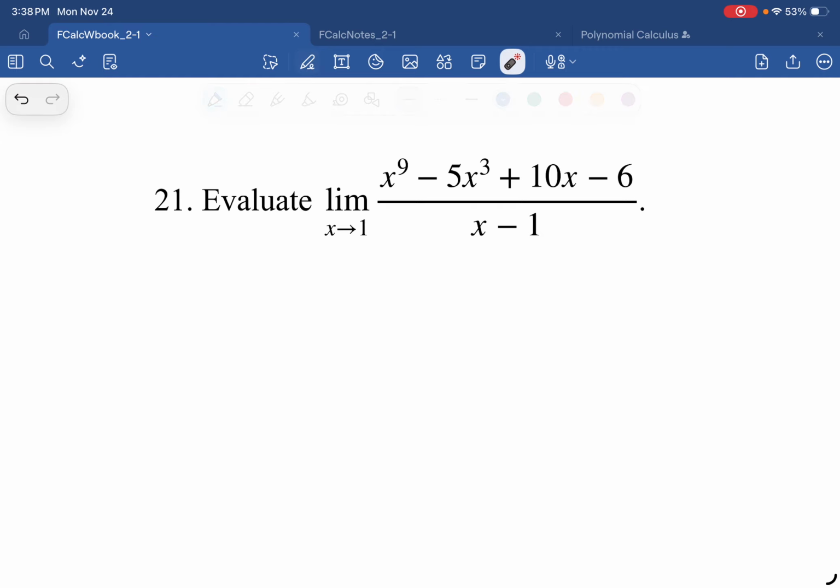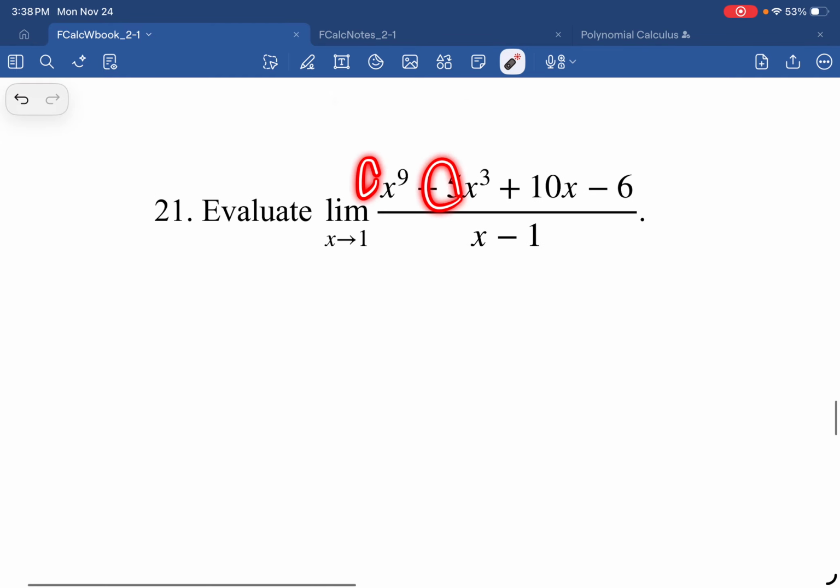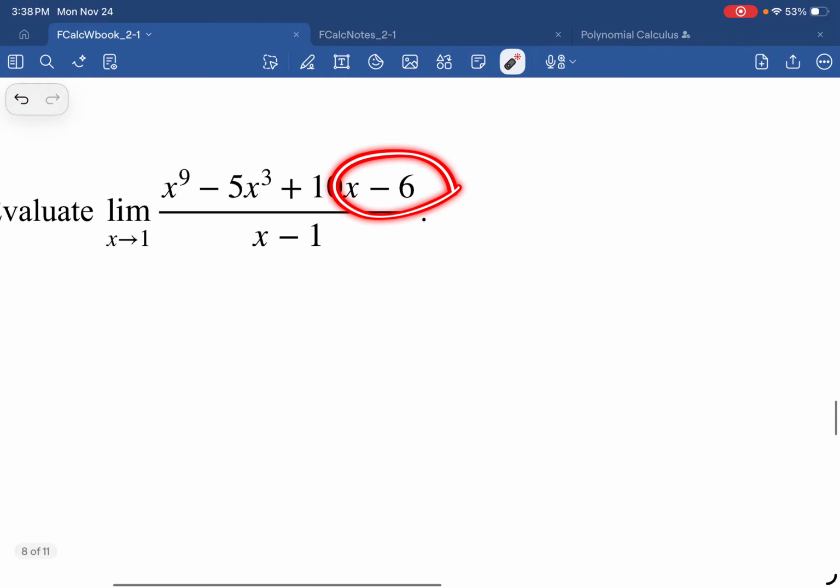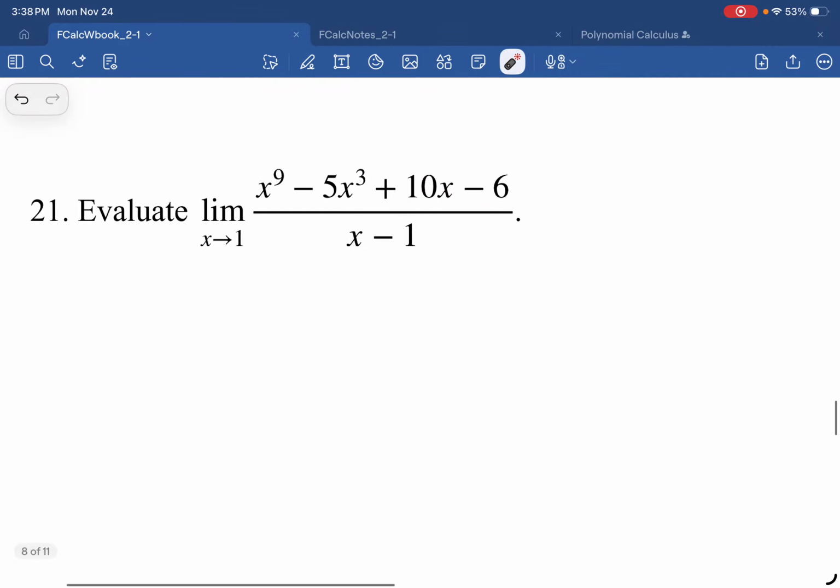If you notice the coefficients, when you add these coefficients, right, 1 minus 5 plus 10, it's going to be 6. And it's no coincidence that this is 6 and what you're plugging in is 1, right?